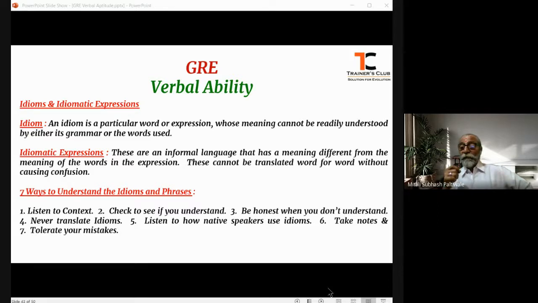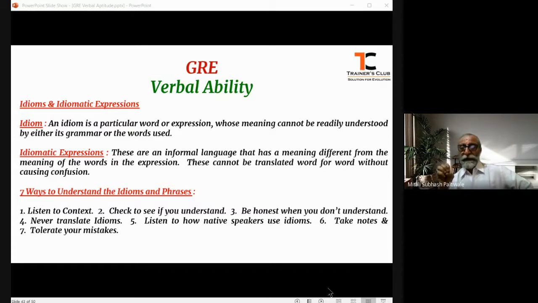Sir, how to remember this or how to understand these idiomatic expressions? The next question. It is very simple. If you practice these 7 steps, it will be easy for all of us to understand these idioms and phrases or even the idiomatic expressions.